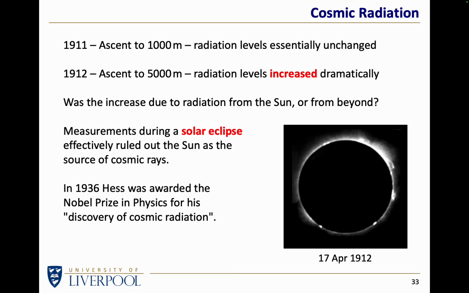So in 1936, Hess got the Nobel Prize for basically discovering cosmic rays or cosmic radiation. They weren't originally called cosmic rays, but by the 1920s, everybody was calling this radiation from above cosmic rays and cosmic radiation. Even though they didn't know what it was, they knew it was cosmic.